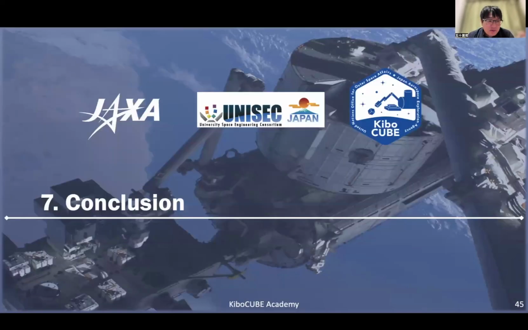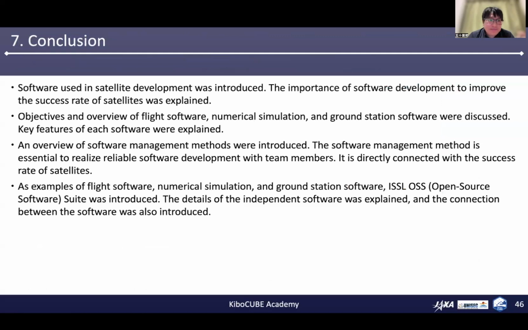So finally, I conclude my lecture. The software used in satellite development was introduced, and the importance of software development to improve the success rate of satellites was explained. The objectives and overview of flight software, numerical simulation, and ground station software were discussed, and key features of each software were explained. And an overview of software management methods was introduced.